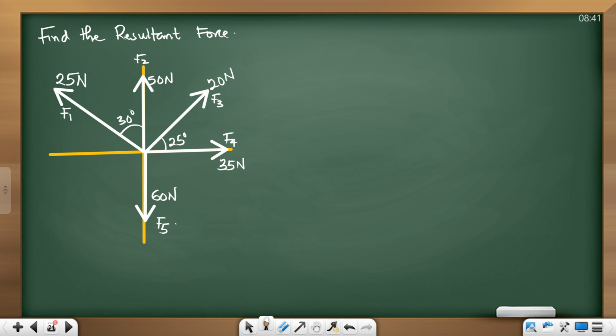Okay, Lady, why are you going to resolve 2, 4, and 5? Sir, because F2 is just going up and there's no angle involved there, sir. Okay. Penuela, talk to me.